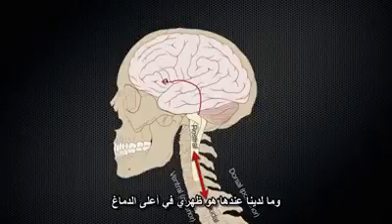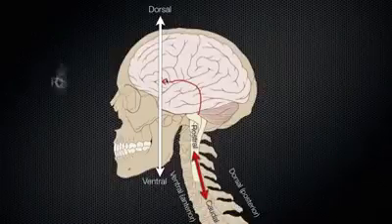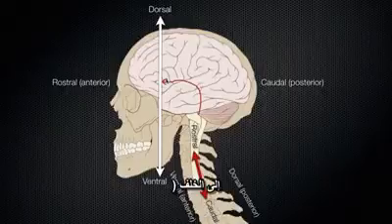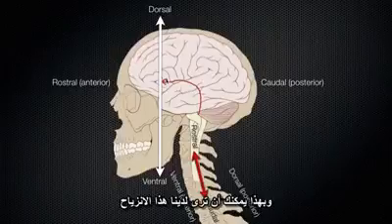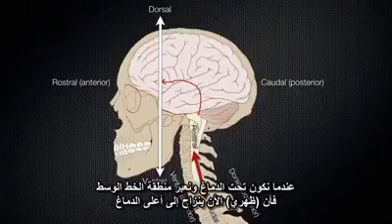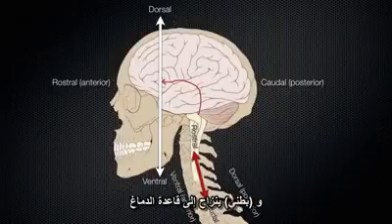And what we have then is dorsal being the top of the brain and ventral being towards the bottom of the brain, rostral being towards the front, rostral or anterior, caudal being towards the back or posterior being towards the back of the brain. And so you can see we have this shift. Instead of dorsal, ventral being towards the back and towards the front, when we're beneath the brain, as we pass the midbrain region, dorsal now shifts to the top of the brain and ventral towards the bottom of the brain.